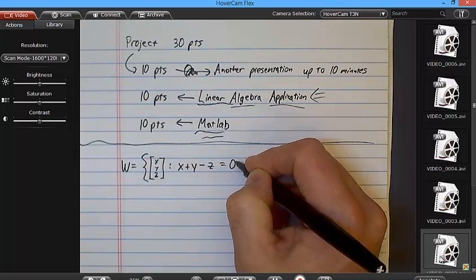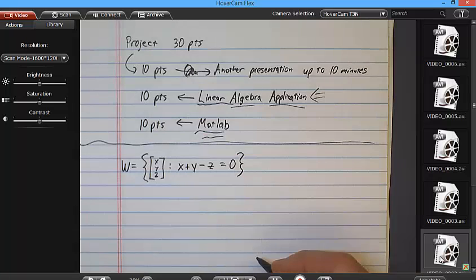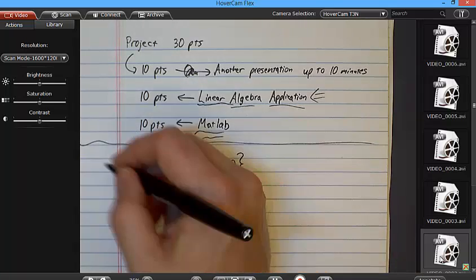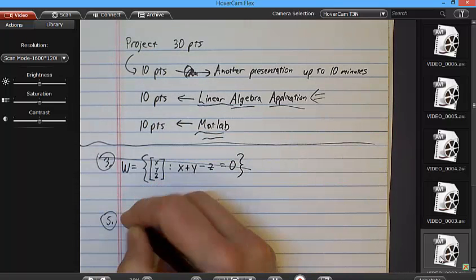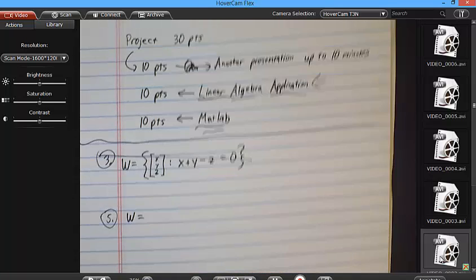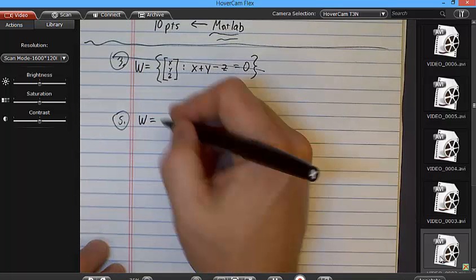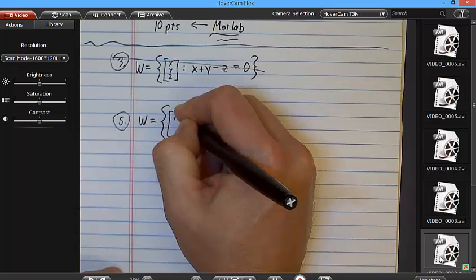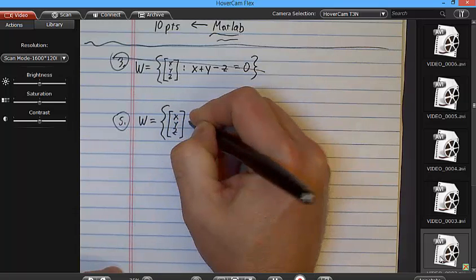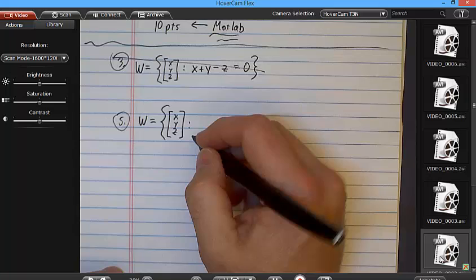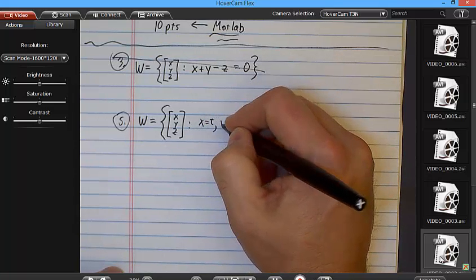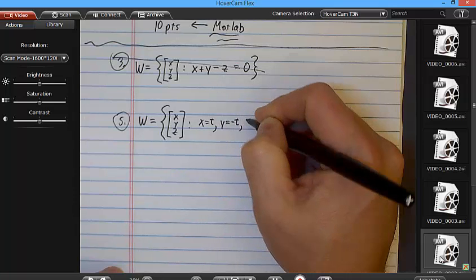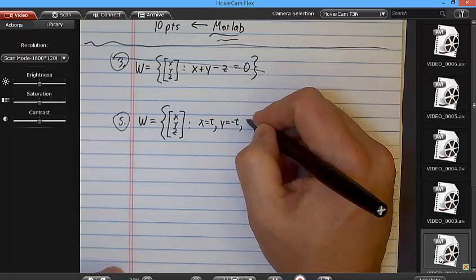Is that what they said? Or did you guys have a different one? Oh, that's number 3. We didn't have 3. I could do that one next if we wanted. 5. W equals the set of vectors in R3 such that, oh, okay, they did this. X equals t, y equals negative t, and z equals 3t.